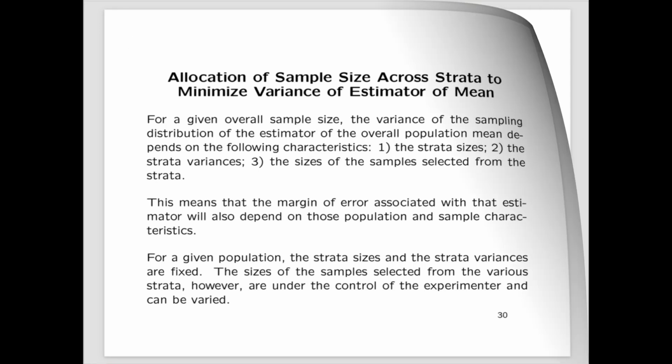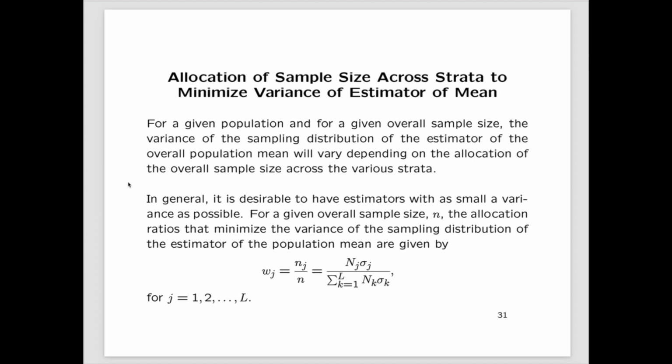The sizes of the samples selected from the various strata, however, are under the control of the experimenter and can be varied. For a given population and for a given overall sample size, the variance of the sampling distribution of the estimator of the overall population mean will vary depending on the allocation of the overall sample size across the various population strata. In general, it's desirable to have estimators with as small a variance as possible.